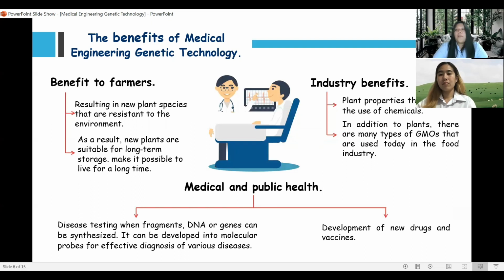Industry benefit has the purpose of reducing the use of chemicals, and in addition to plants, there are many types of GMO that are used today in the food industry, medicine and public health.